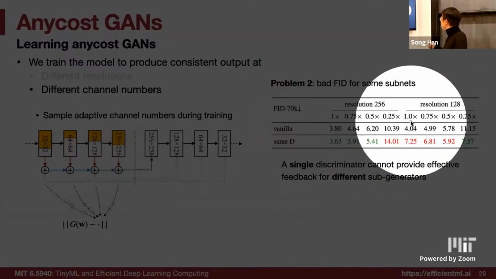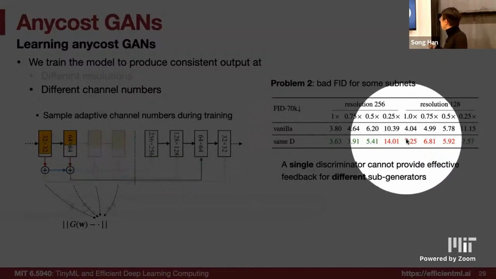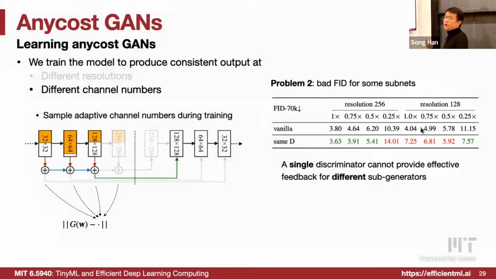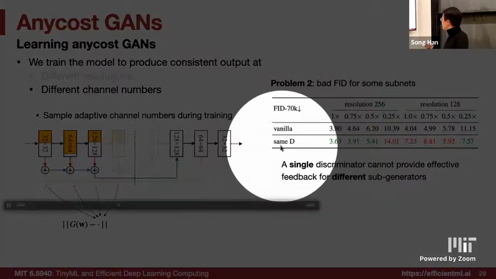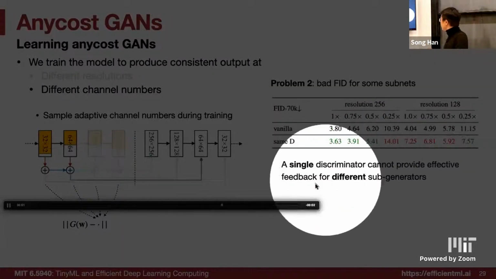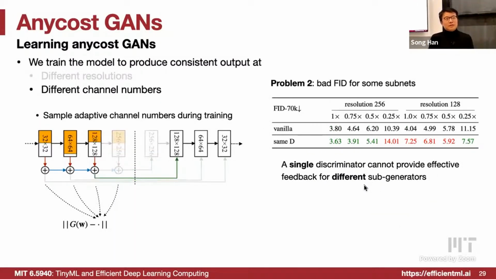And at the lower resolution, when the channel number is big, 50%, 75%, 100%, the FID is also much higher than the vanilla model without this approach, which shows that using the same discriminator is not good. A single discriminator cannot provide effective feedback for different subgenerators. That makes sense: if the generator is pretty weak, pretty slim, with very few channels, the discriminator should also accommodate that. Using a single discriminator for big and small generators doesn't work well.